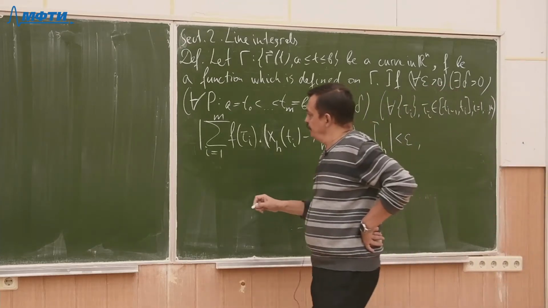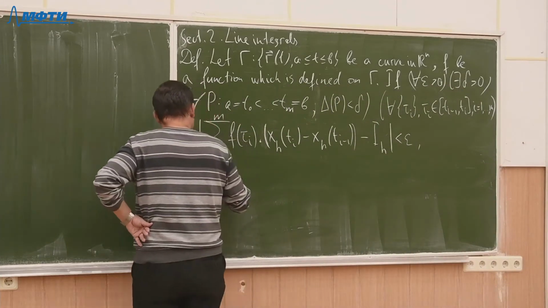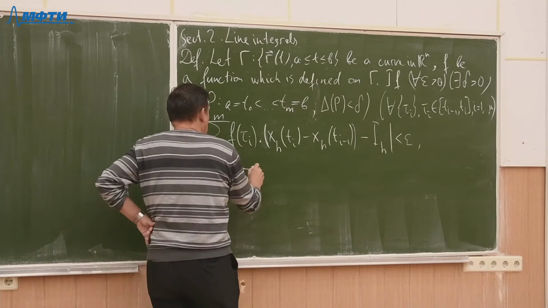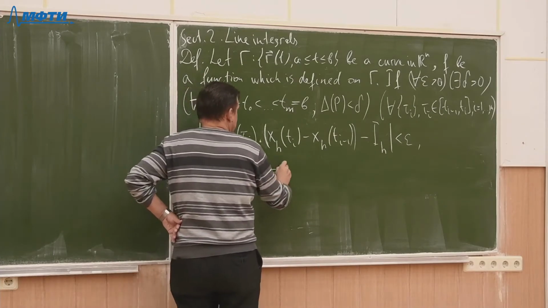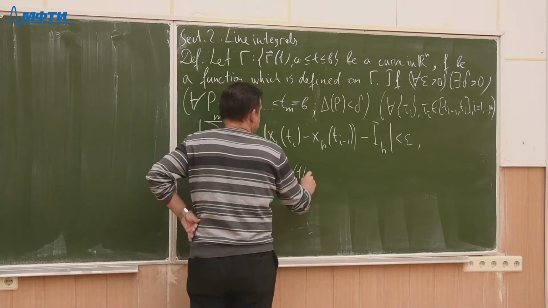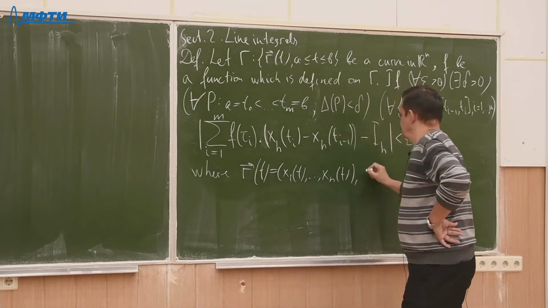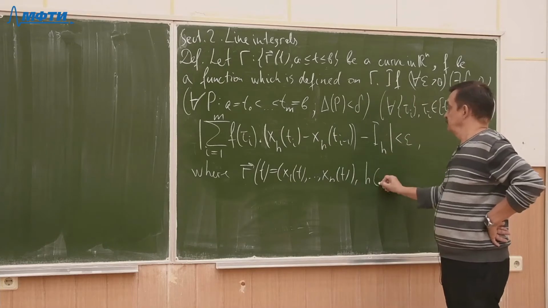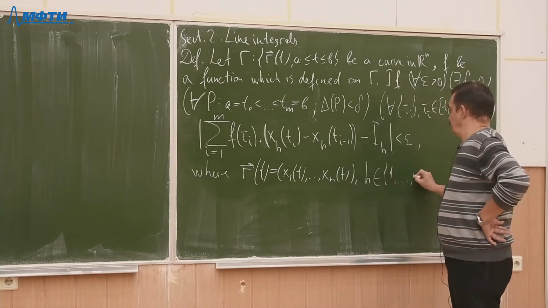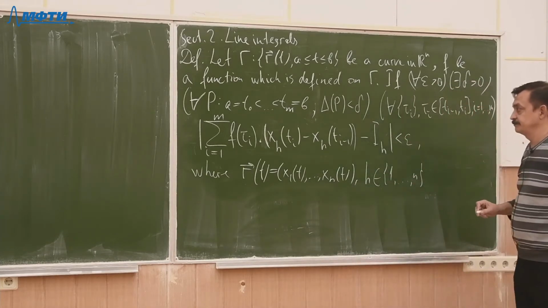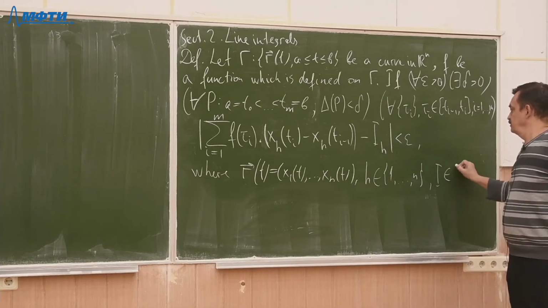where r of t is (x1 of t, and so on, xn of t), and h belongs to the set from 1 up to n. I is a real number.